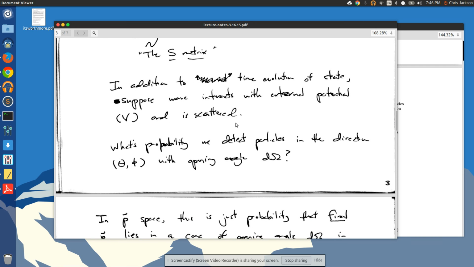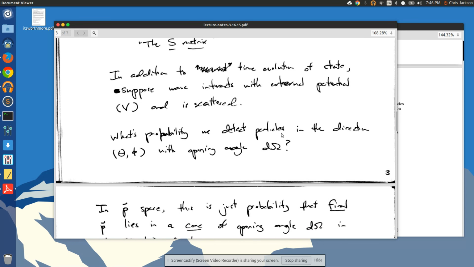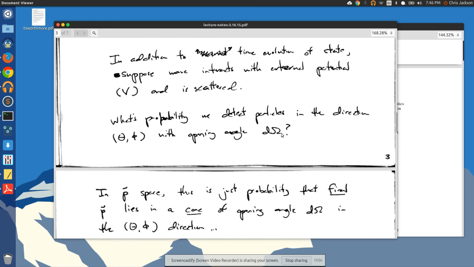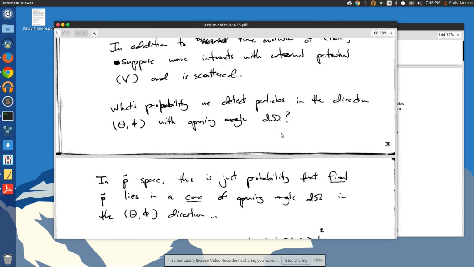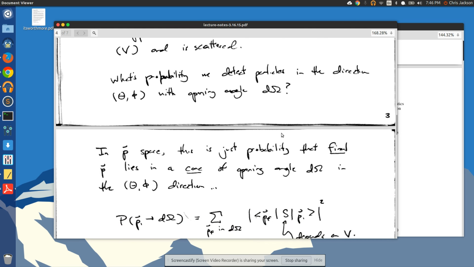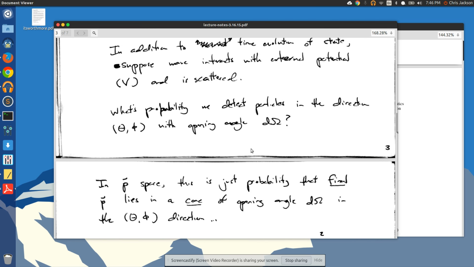And what we're after is the probability that we detect particles in a particular direction, and our detector has some opening angle in the spherical, or angular, coordinates.